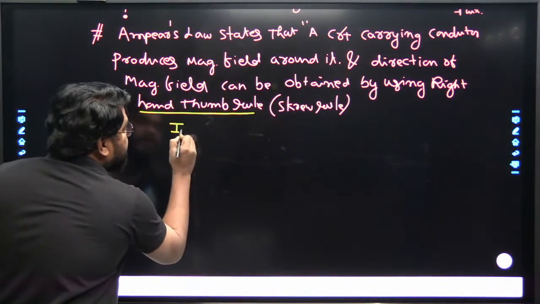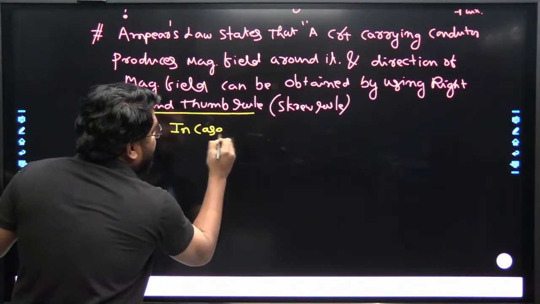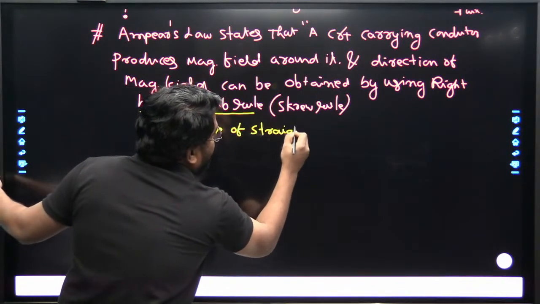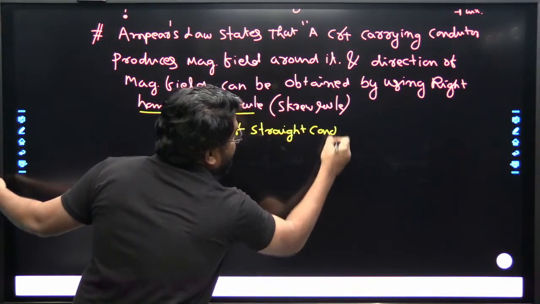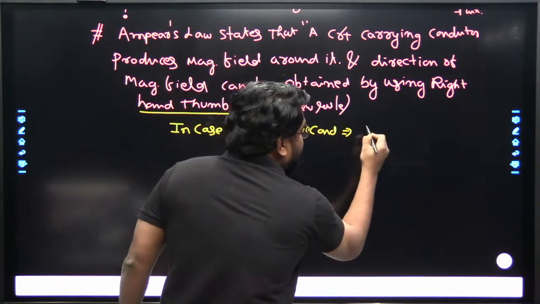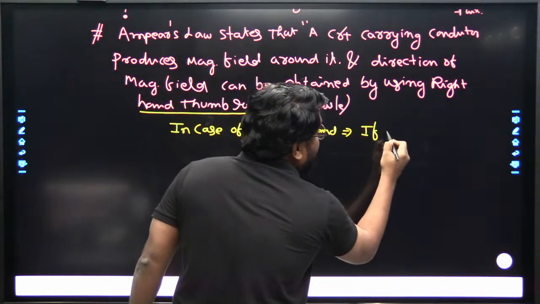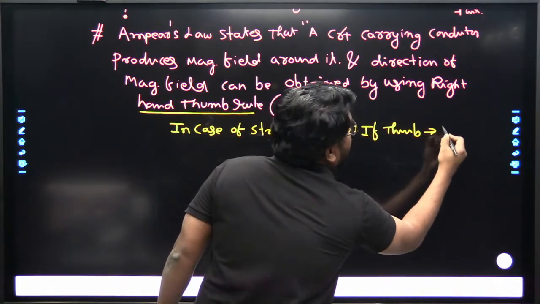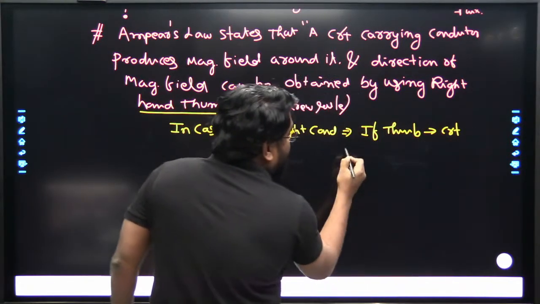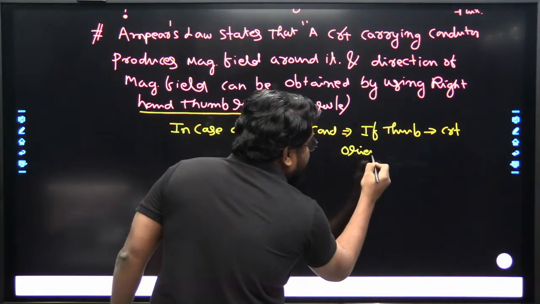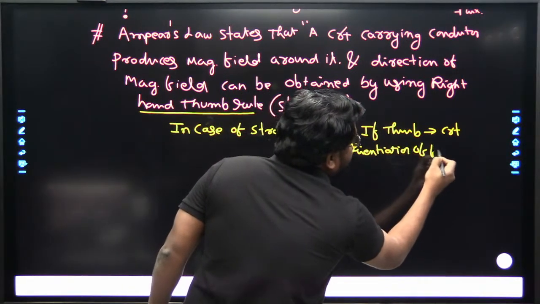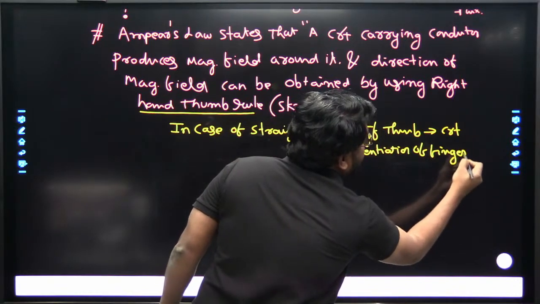Suppose in case of a straight conductor, if the thumb indicates the current direction, then the orientation of the fingers indicates the flux direction.